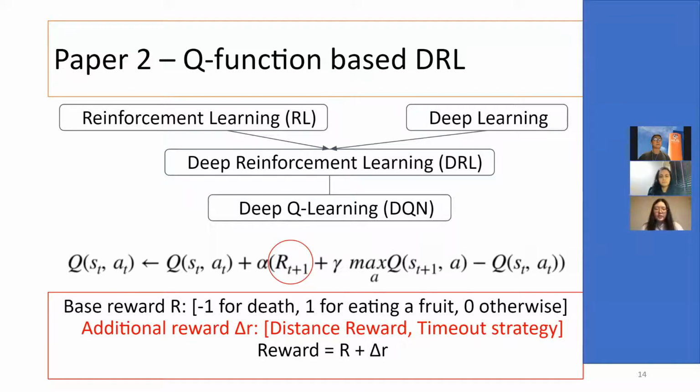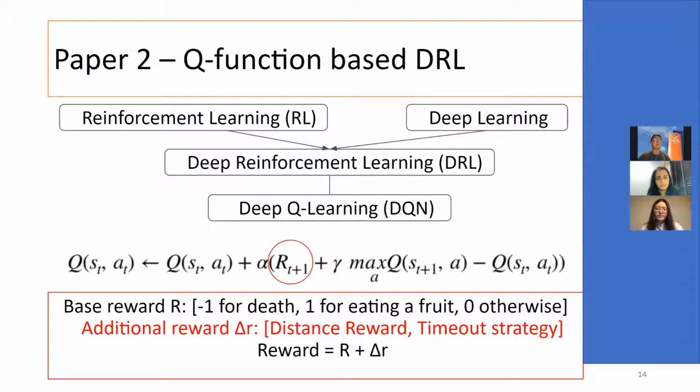Later, it was combined with deep learning to create DRL, or say deep reinforcement learning. The DQN used in this paper is a variant of DRL, where the Q value is used for the choice of actions. As we can see below, this is the Q value update policy, just as what we learned in the lecture.